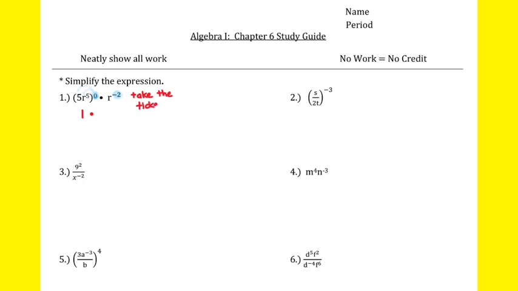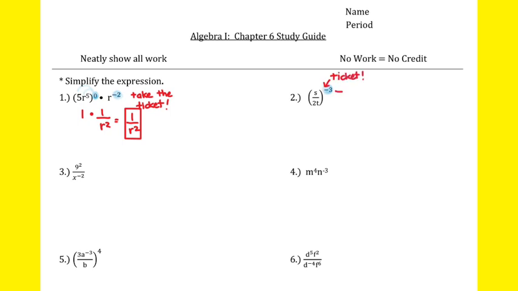Next, we see that we need to take the ticket with r to the negative second power. So that would be 1 over r squared, and 1 times 1 over r squared is just 1 over r squared.